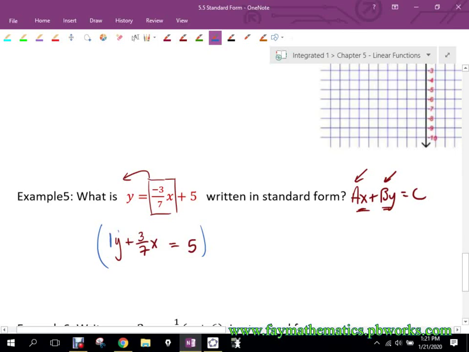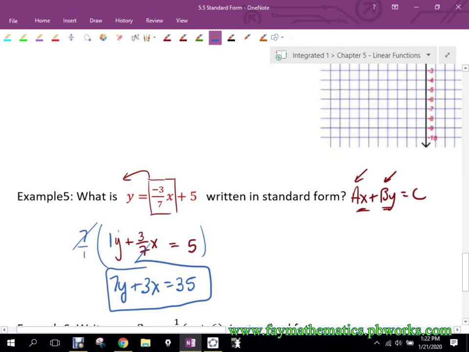If I multiply everything by 7, what's 7 times 1? 7. What's 7 times 3? 21. What's 21 over 7? 3. So those 7s cancel and leave me essentially with that 3x, right? And then 7 times 5 is 35. So that's my equation in standard form.